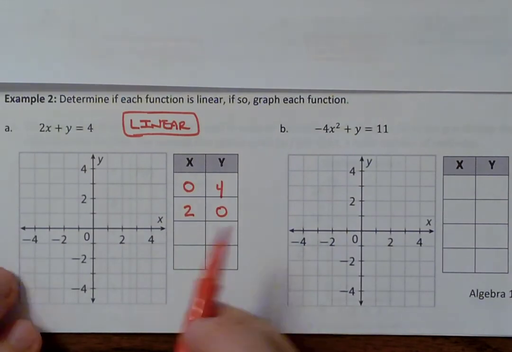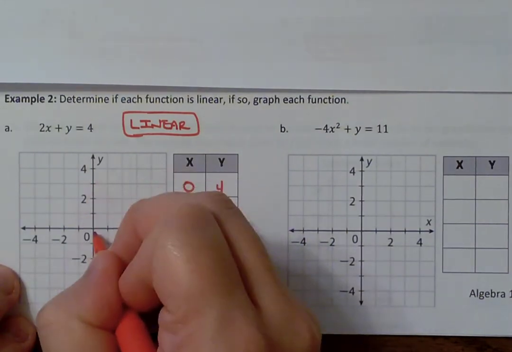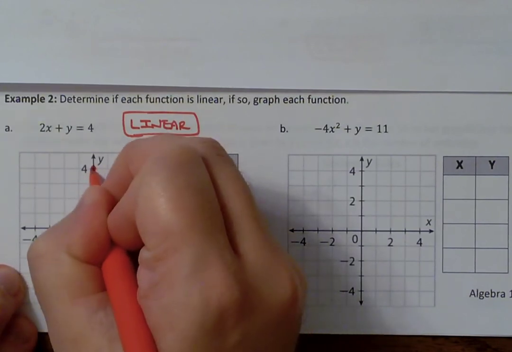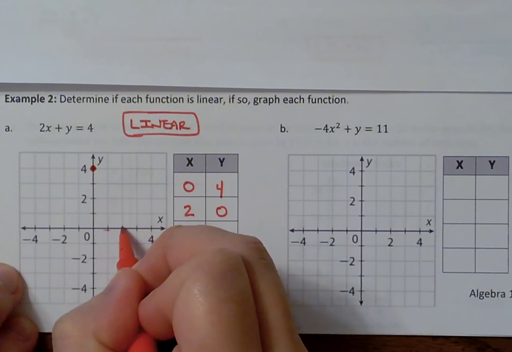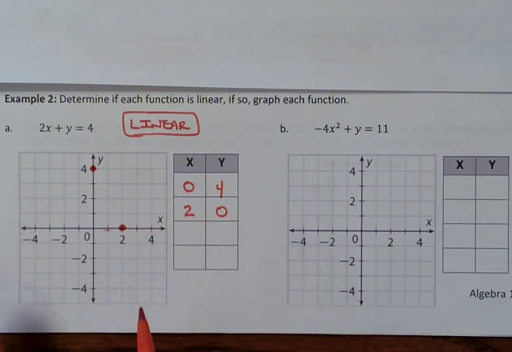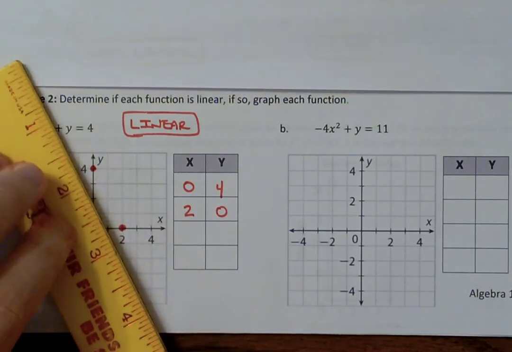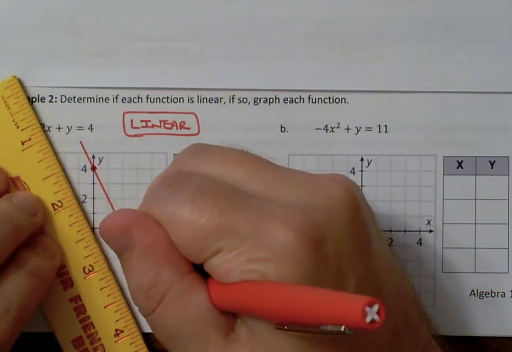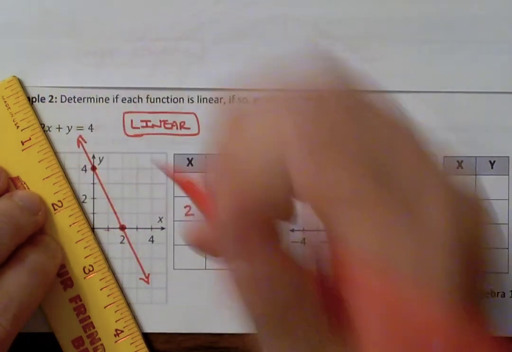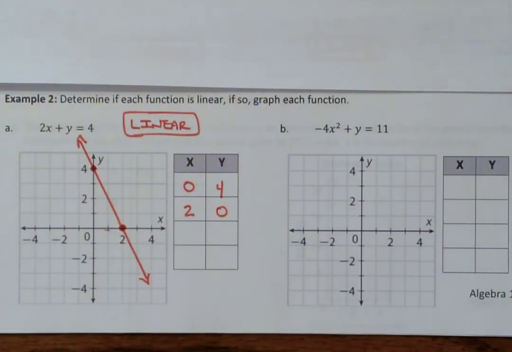So my first point is 0, 4. And then I have 2, 0, so I'm going to go over 2, and I just stay put because it's 0. We just connect my points, and I have my line.